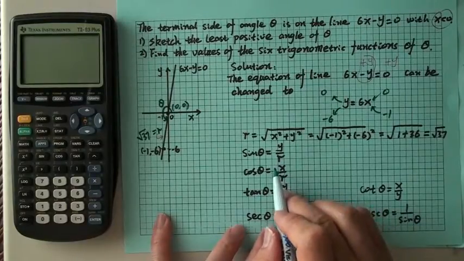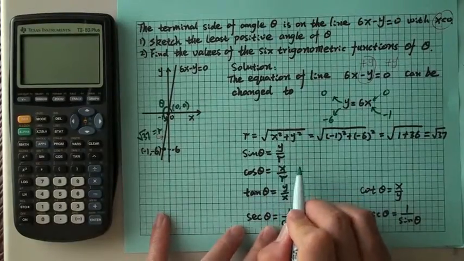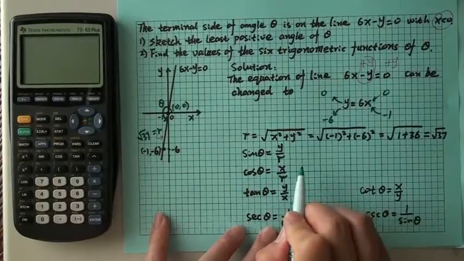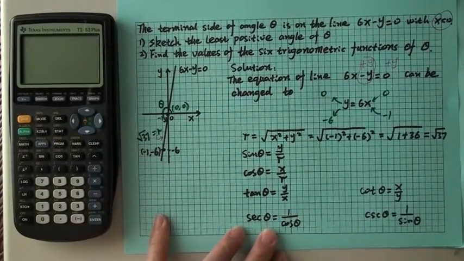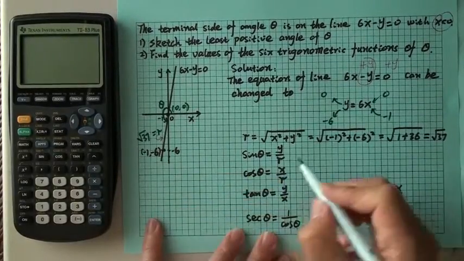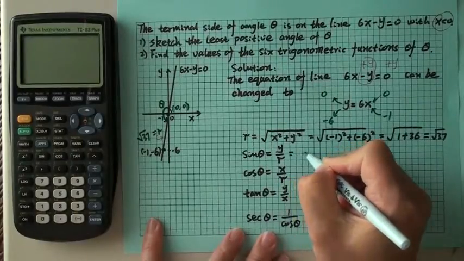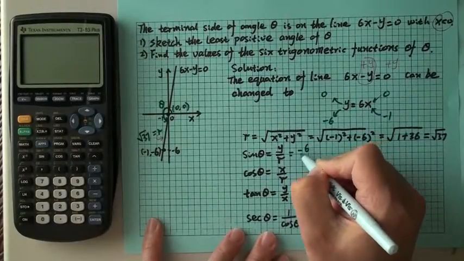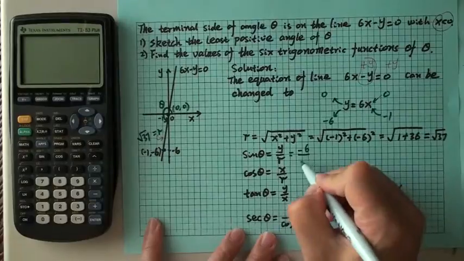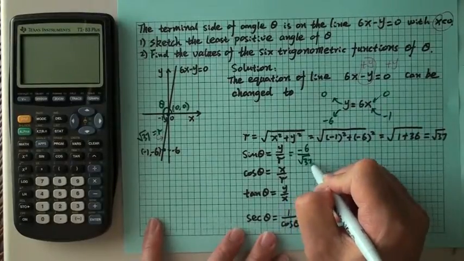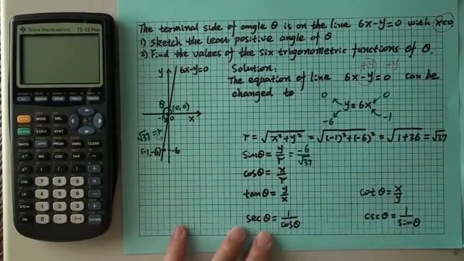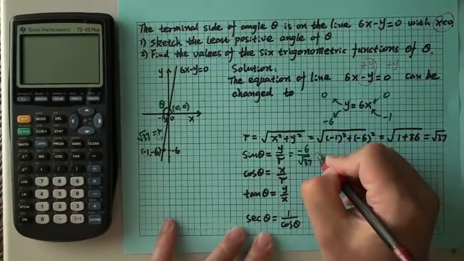Now, sine is y over r. What is y? Y is negative 6. So then you have negative 6 over radical 37. You may want to rationalize it.